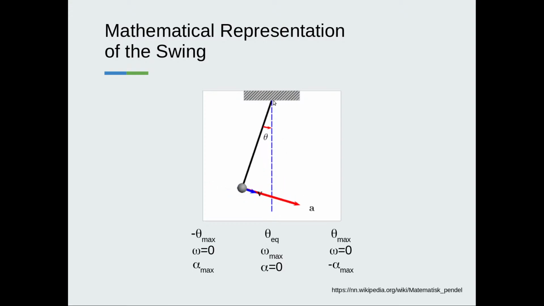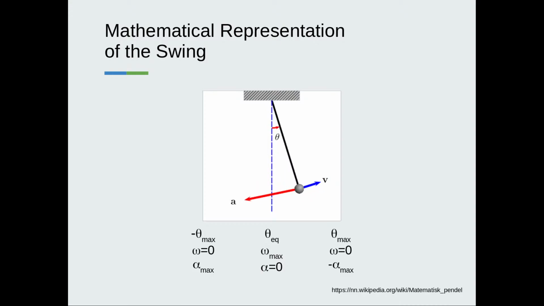We set the reference line as vertical. You can see this is the angle. And here are two vectors showing you two important parameters, and the length of the arrows shows you the strength of the parameters.